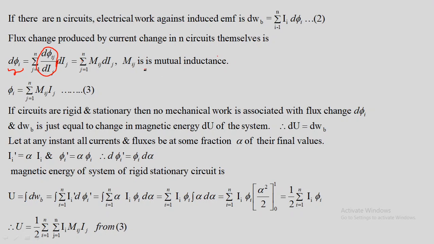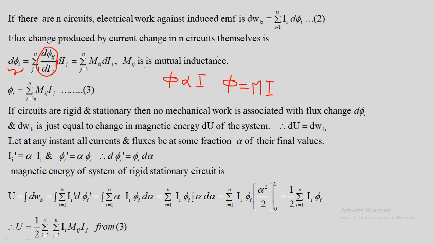Now we know that flux is proportional to the current, and that constant of proportionality is called the mutual inductance, M. You might have studied this in lower classes. So d phi equal to M dI, so d phi by dI equal to M. We write this as mutual inductance Mij.